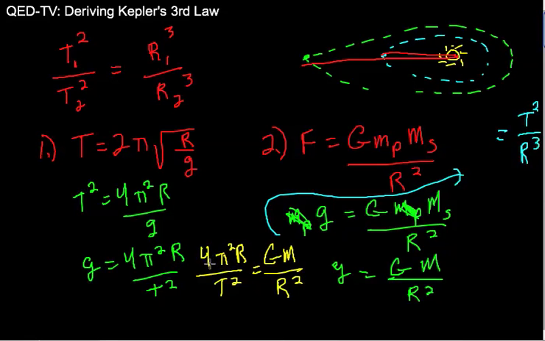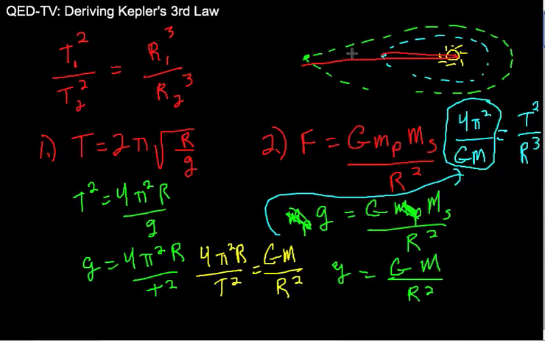And what do I leave on the other side? Well, I leave the 4 pi squared, and then I divide it by big G and by the mass of the thing that we're orbiting.